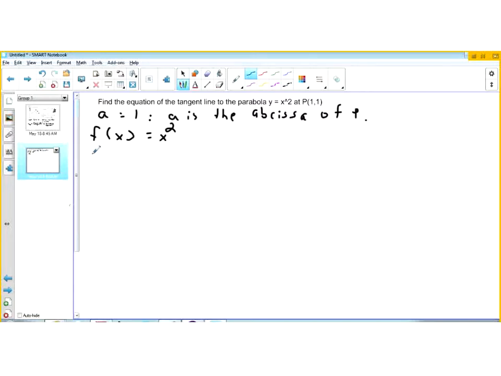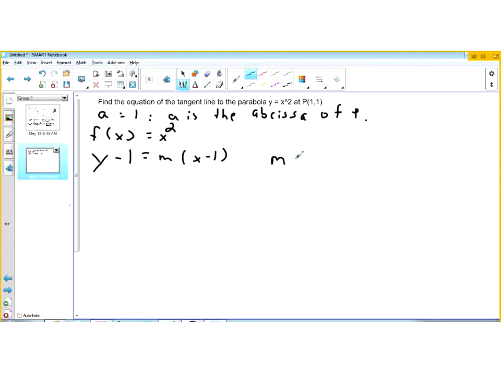So the equation of the tangent line, we use point-slope to find the equation. That would be y minus 1 equals slope times x minus 1. And as you know, the work to be done is to calculate the slope of the tangent line.